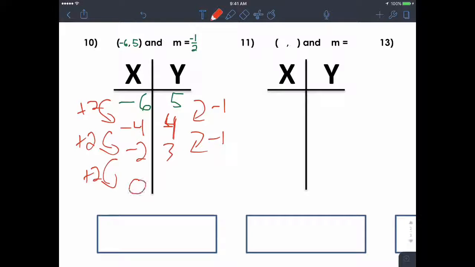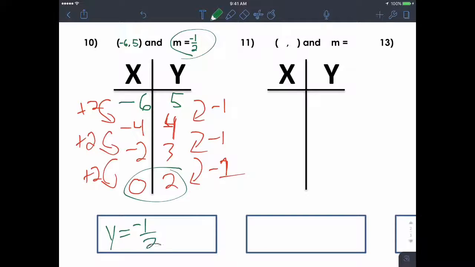So we do it one more time, and it's going to get me (0, 2). So now that I see that I have an input of 0 with an output of 2, that's my y-intercept, and this is my slope. So now we have y equals negative 1 over 2x plus 2.